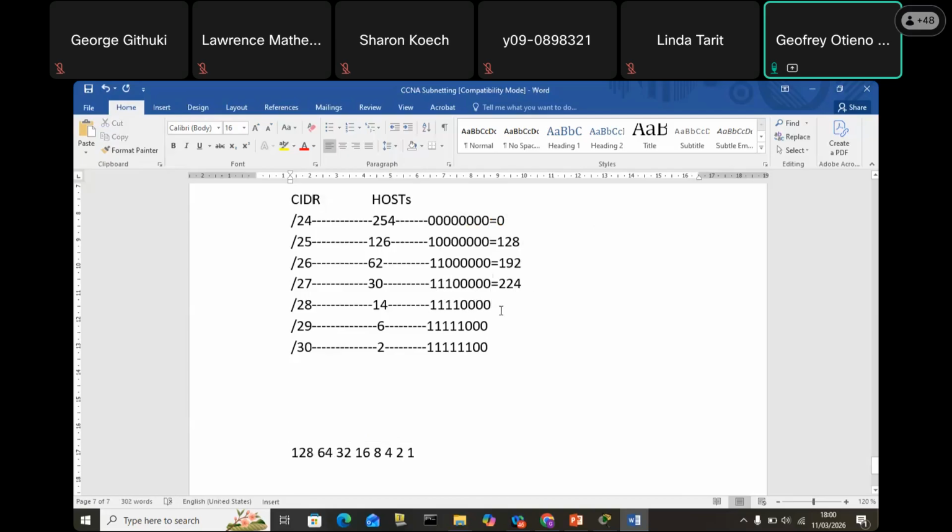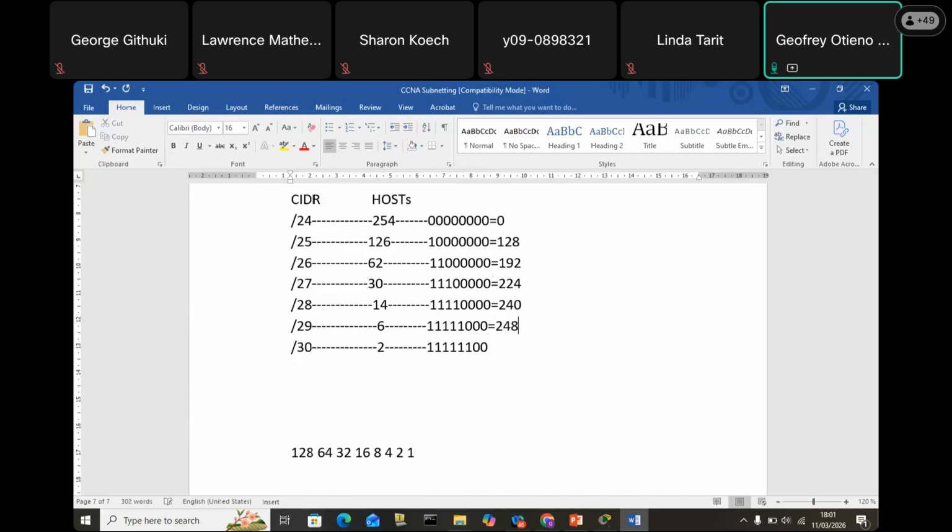If you move to the next one, it is 128 plus 64 plus 32 plus 16. You get 240. If you move to the other one, guys, it is 128 plus 64 plus 32 plus 16 plus 8, to 248.